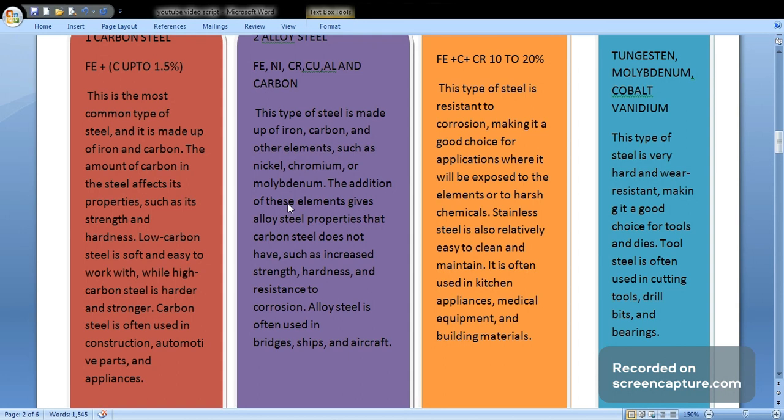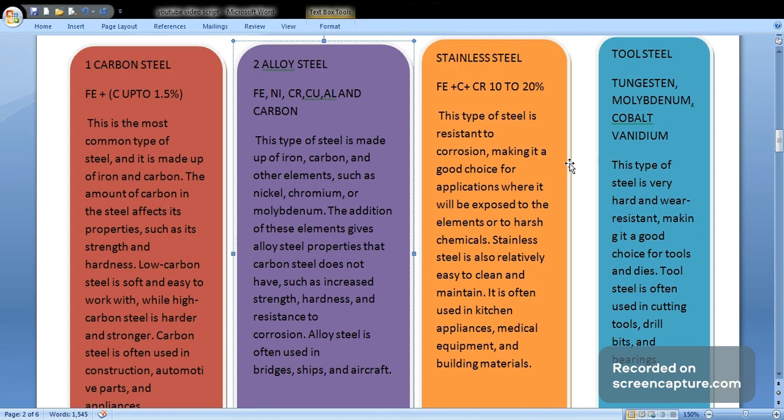The addition of these elements gives alloy steel properties that carbon steel does not have, such as increased strength, hardness, and resistance to corrosion. Alloy steel is often used in bridges, ships, and aircraft.